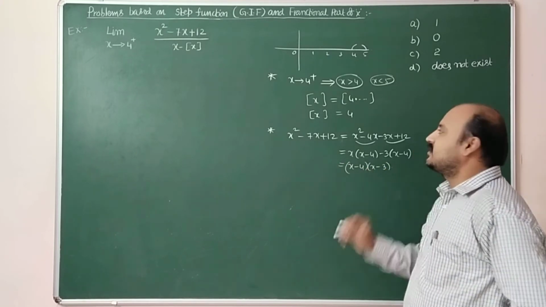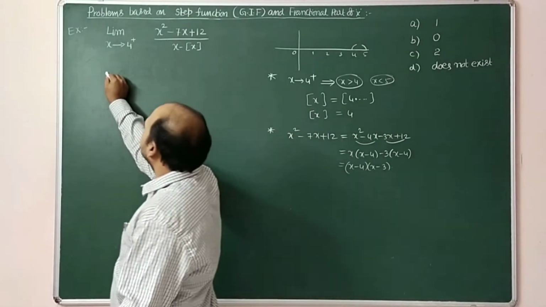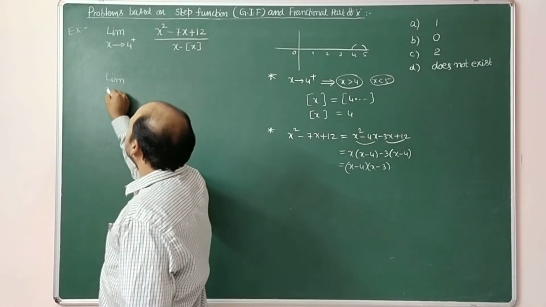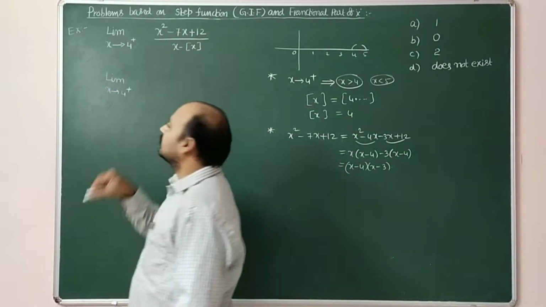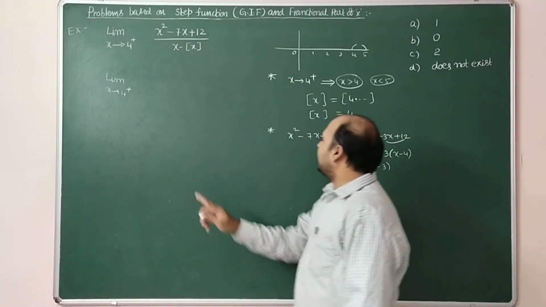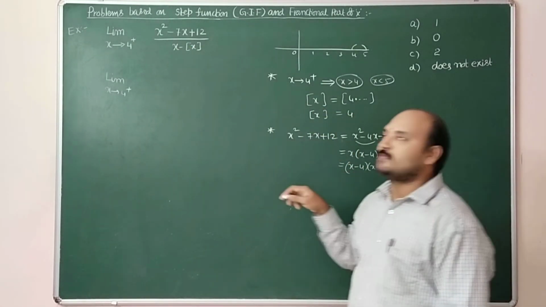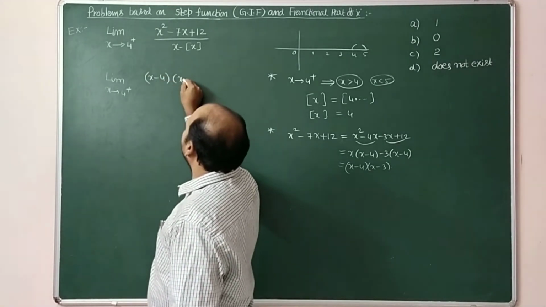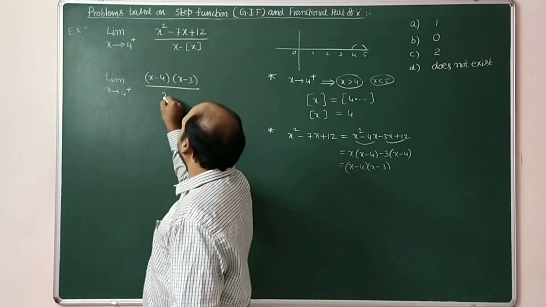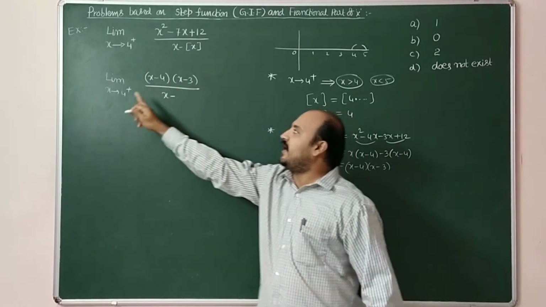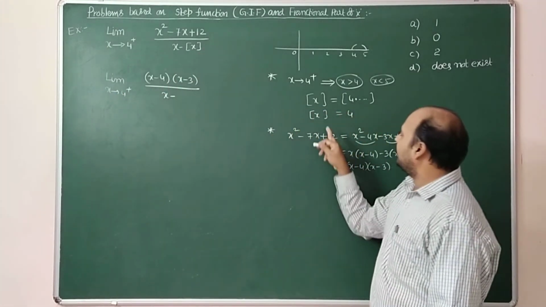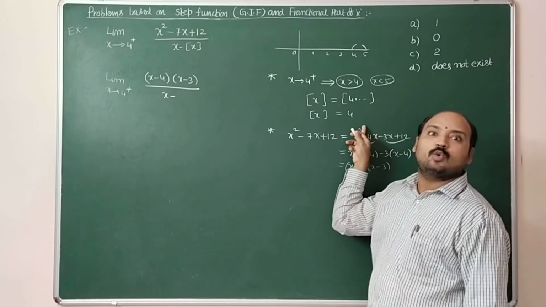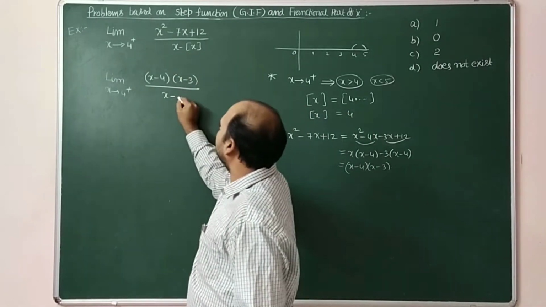Now come to the limit. Limit x tends to 4 plus, in place of numerator, you can write x minus 4 into x minus 3, divided by x minus step x. When x is tending to 4 plus, the value of step x is equal to 4, so in place of step x, we can write 4.